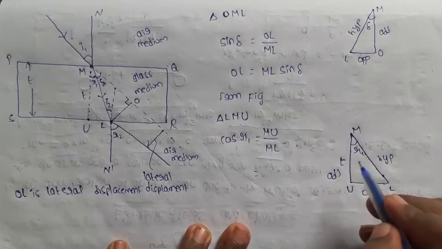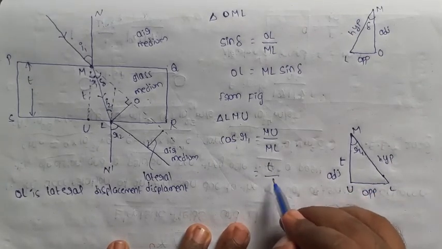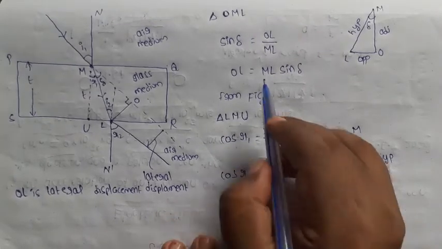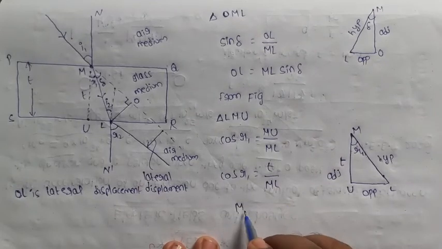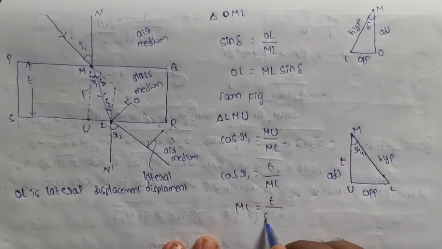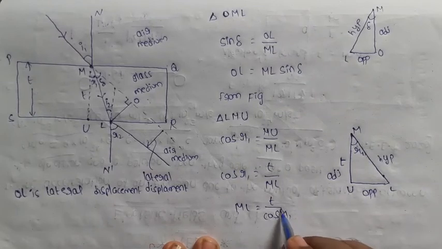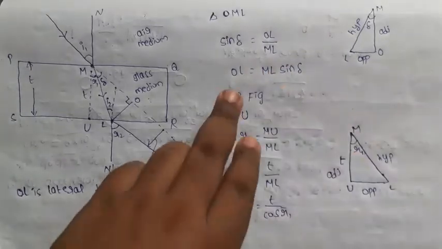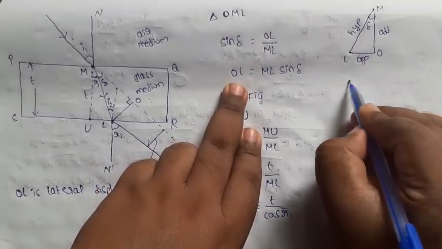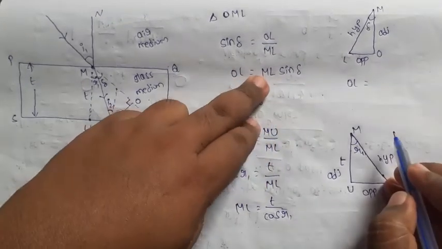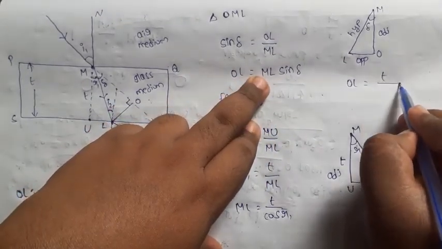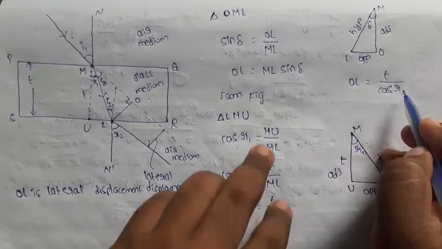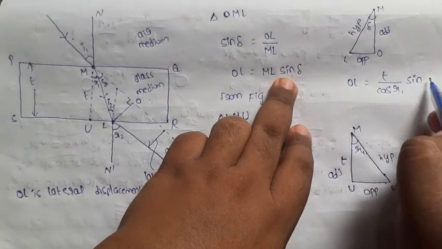We know the MU value, that is the thickness of the glass slab T, so T by ML is cos R1. We want the ML value, so ML equals T by cos R1. Simply substituting the ML value in OL: OL equals T by cos R1 into sin delta.